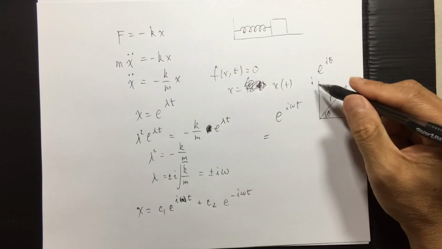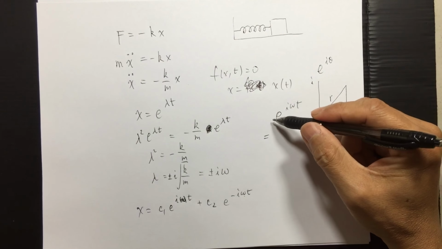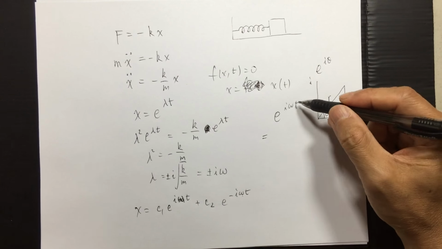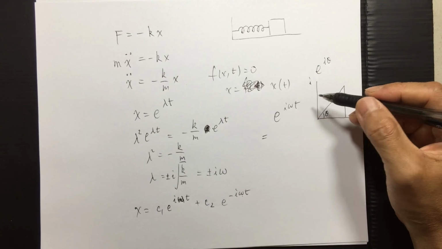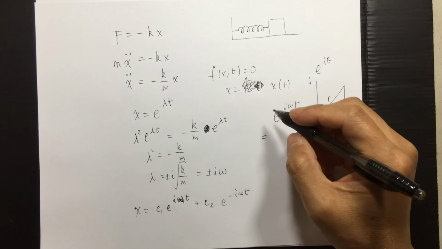This is the complex number plane. The r is 1, and the theta is omega t. So what's x? x is cosine theta. What's theta here?